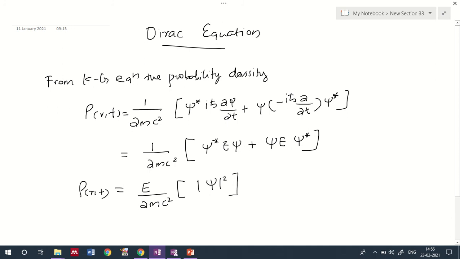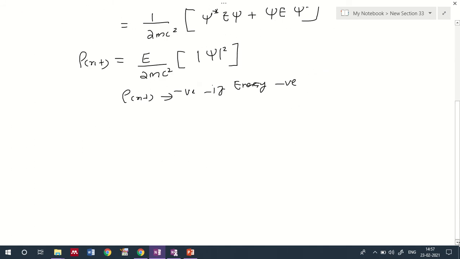For negative energy values, in the negative energy state, the probability density also becomes negative. So in the Klein-Gordon equation case, rho(r,t) will tend to be negative if the energy is negative. This is the drawback Dirac overcame.